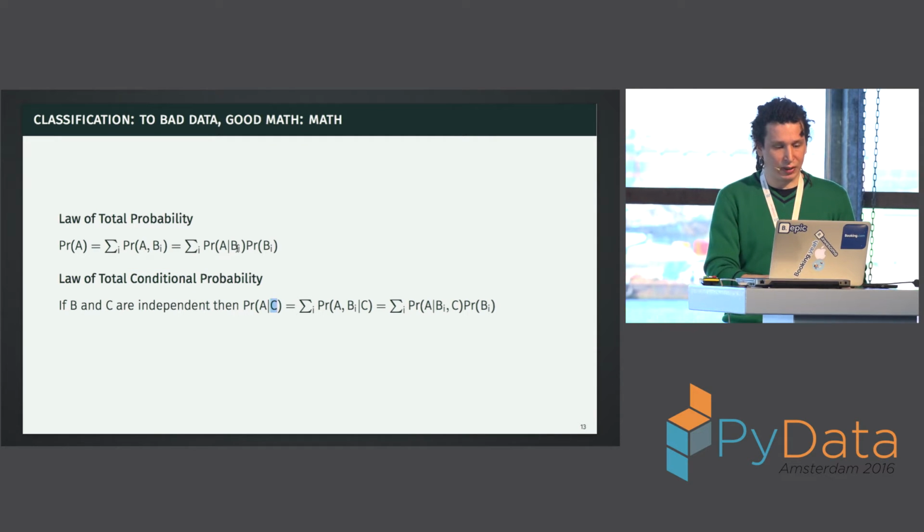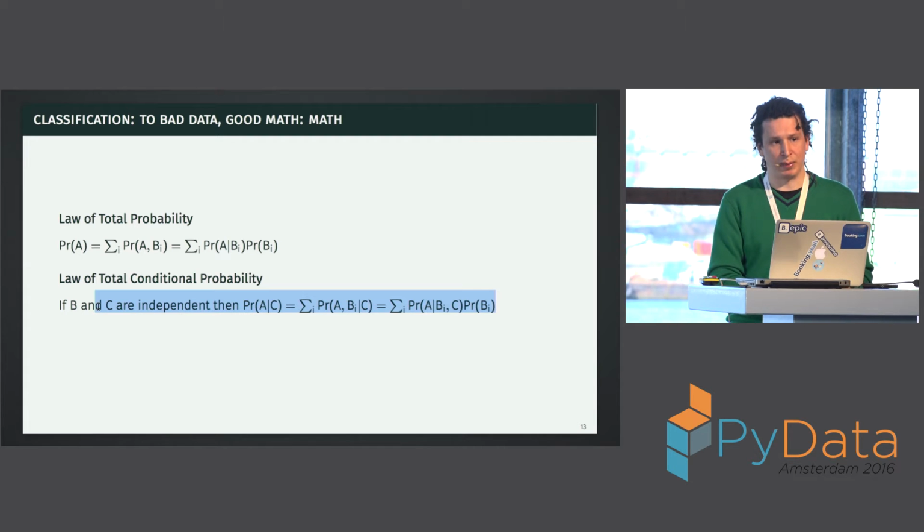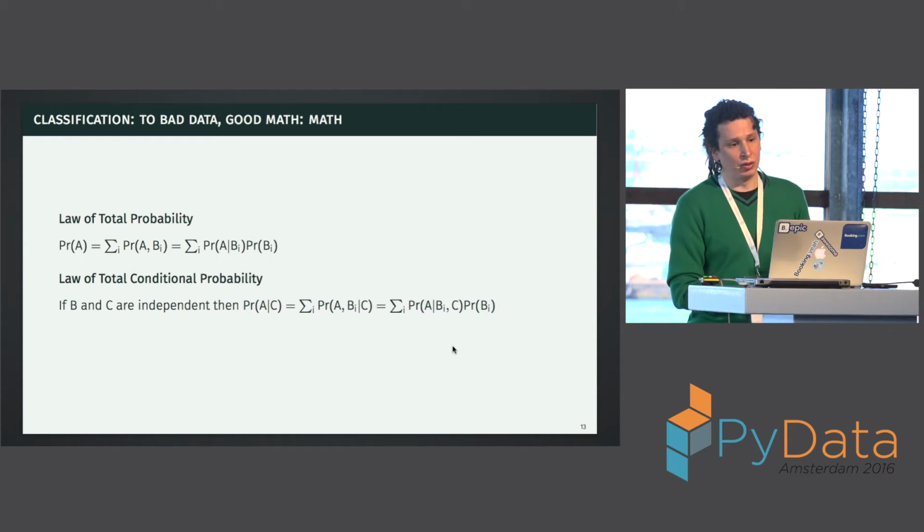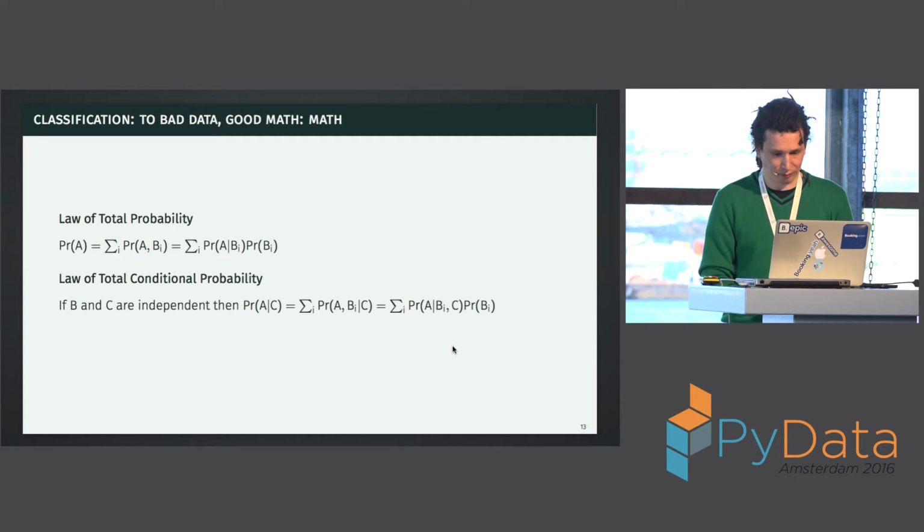So the first law is very straightforward. There's nothing obscure going on here. But the second is not like that, because you have to assume that the random variables B and C are independent. And this may be a very strong assumption. But this equation here is what we're going to try to use to solve the reduction.